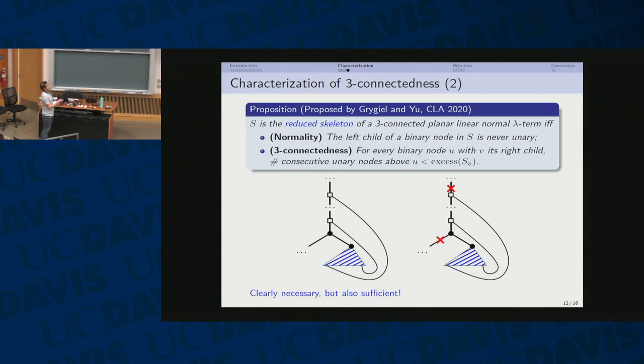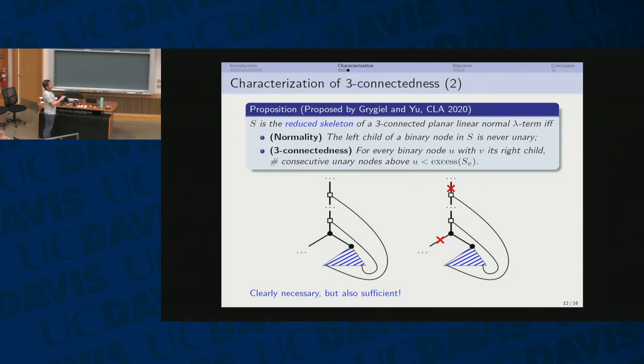Because the left child of a binary node stands for the first term in an application, and if it's unary, then it's of function type. In this case, we can apply beta reduction, which is not possible because we are on normal terms. They are results; we should not be able to compute from them. So this cannot happen.